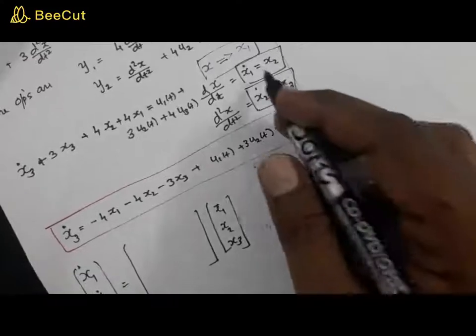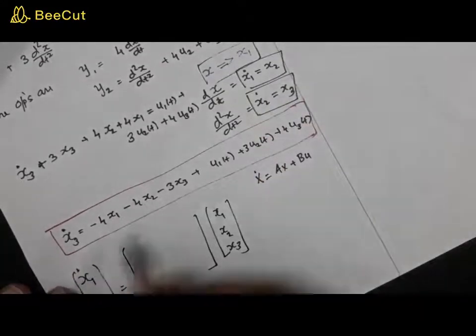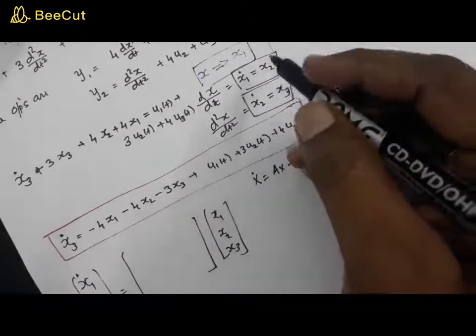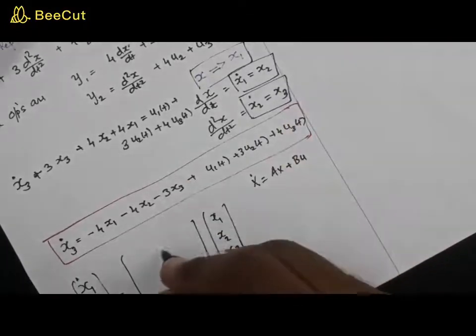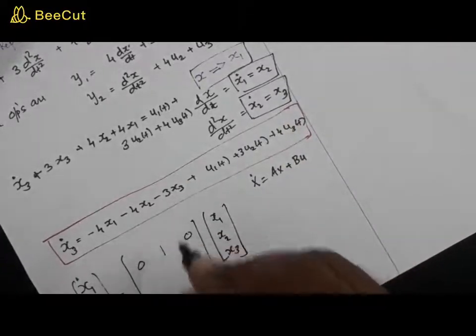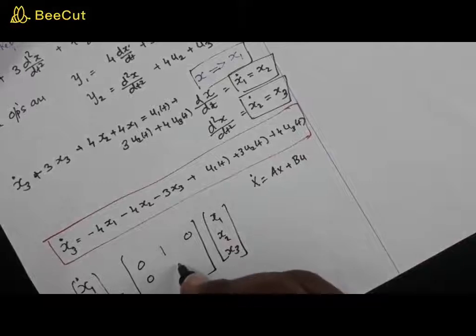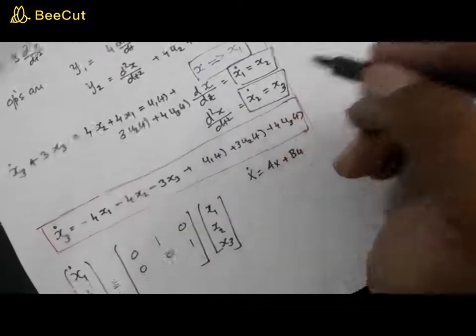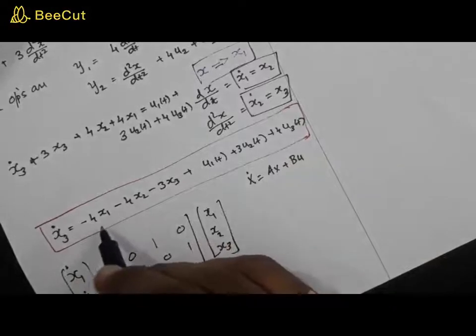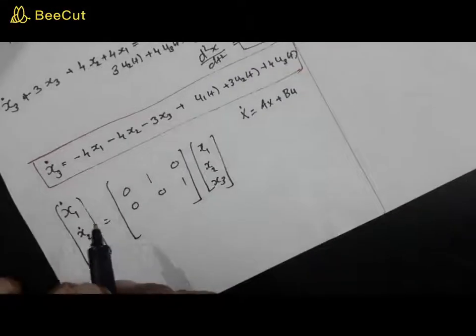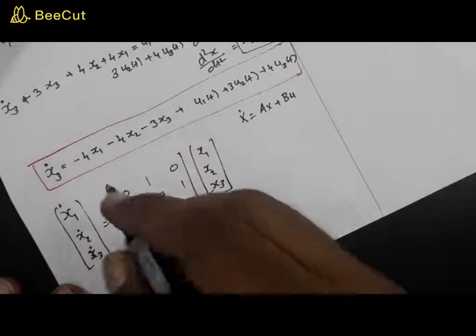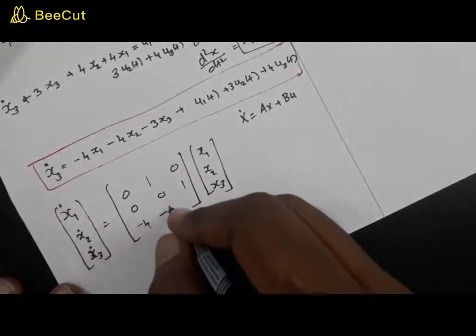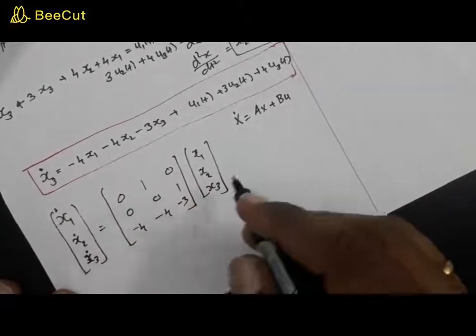When you look at it, x1 dot has only x2, so the first row is 0 1 0. The second row will be 0 0 1, right? That is from this equation. And x3 dot is given as minus 4, minus 4, minus 3, so the third row will be minus 4, minus 4 and minus 3.